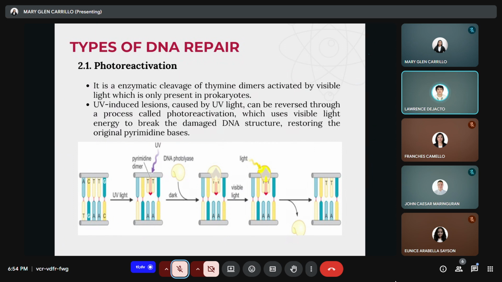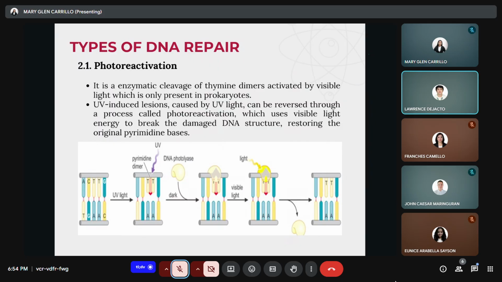Then visible light shines on the cell, which FADH absorbs and releases an electron. Then the electron interacts with the pyrimidine dimer, splitting the cyclobutane ring in the dimer. And then finally, the enzyme leaves the DNA and the DNA structure returns to its prior state.